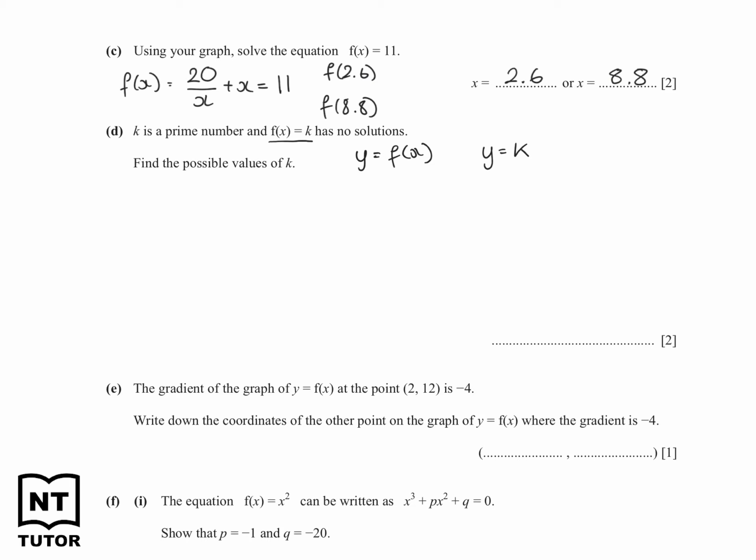So k could be the line y equals 2, y equals 3, y equals 5, y equals 7, y equals 11, and so on for prime numbers.